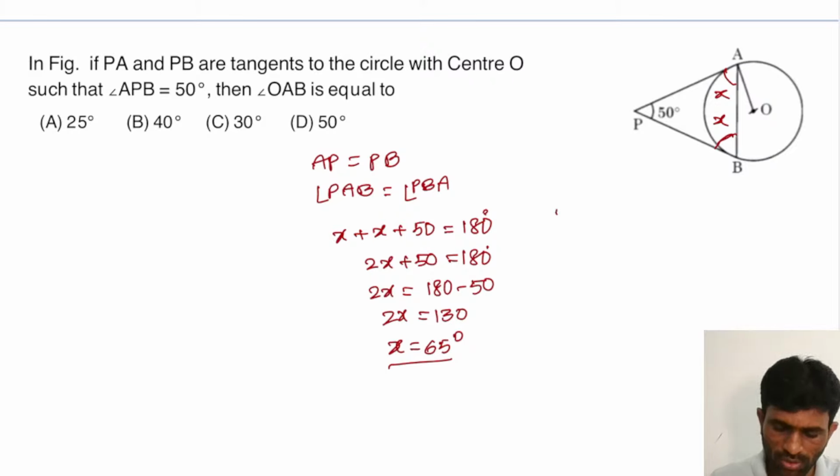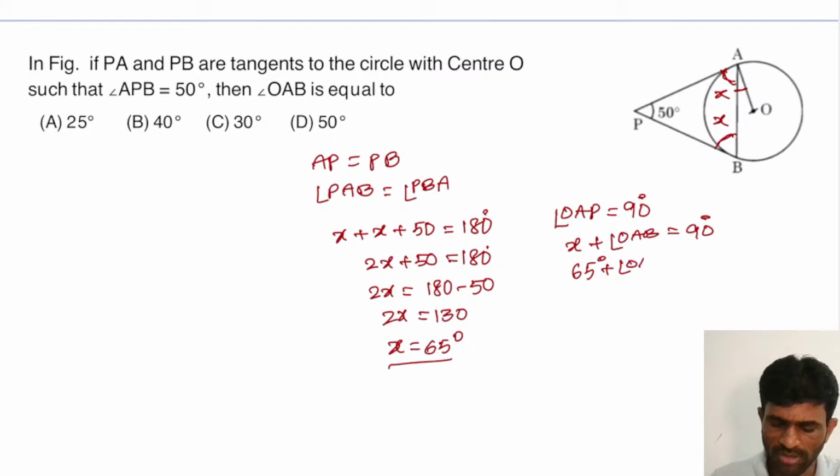And we also know angle OAP is equal to 90 degrees. Angle OAP is nothing but angle x plus angle OAB. Means this one plus this gap. We want this, OAB, is equal to 90 degrees. Already x is 65 degrees, so 65 plus OAB is equal to 90 degrees.